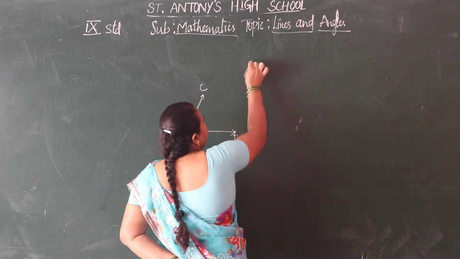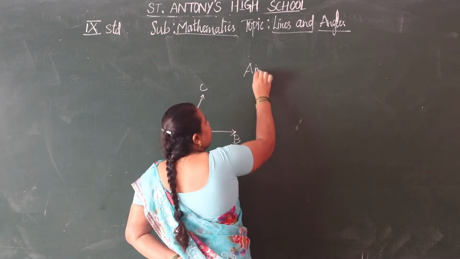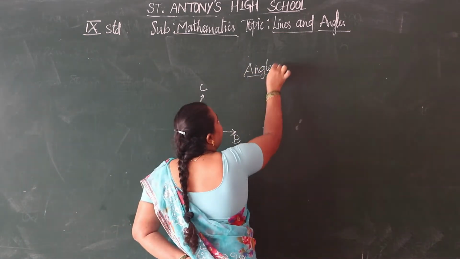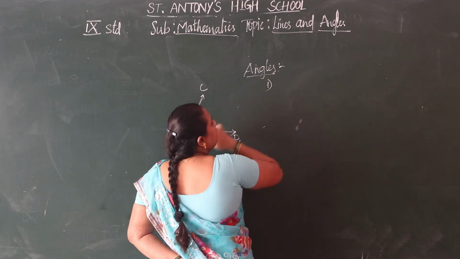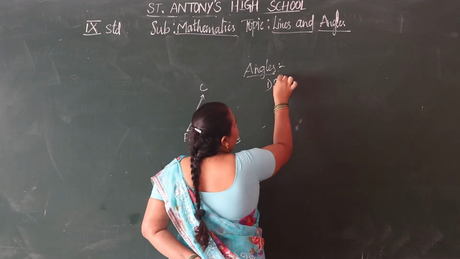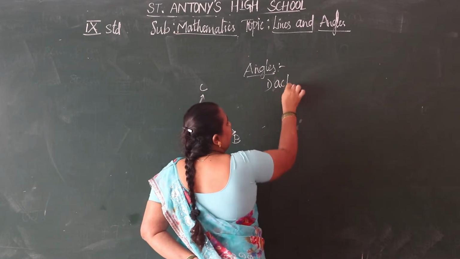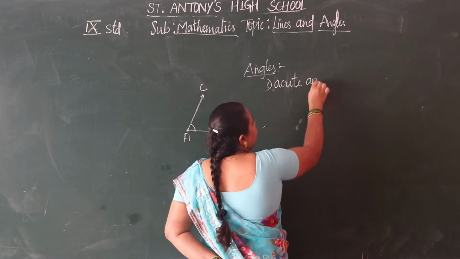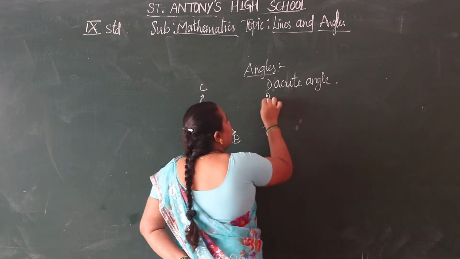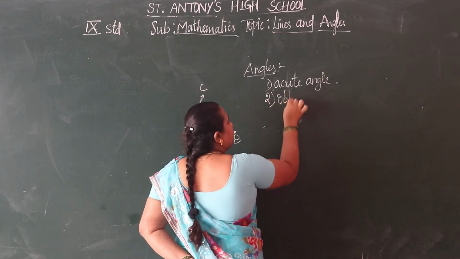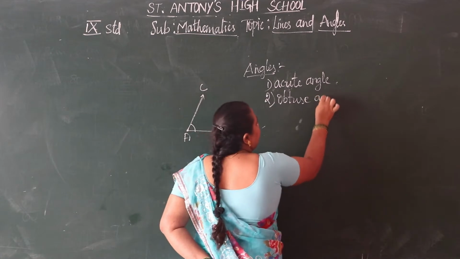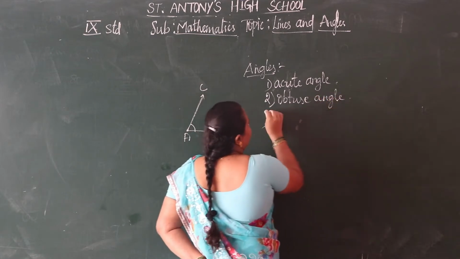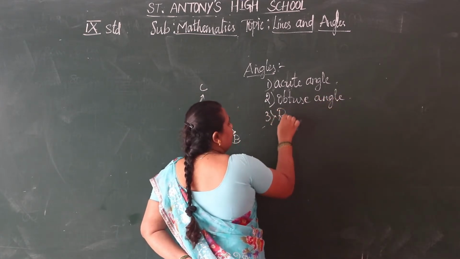Angles are divided into six parts. One is acute angle, obtuse angle, right angle.